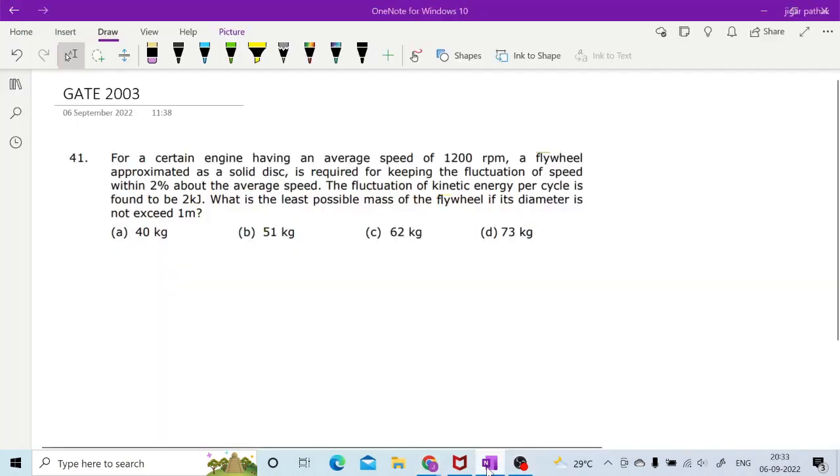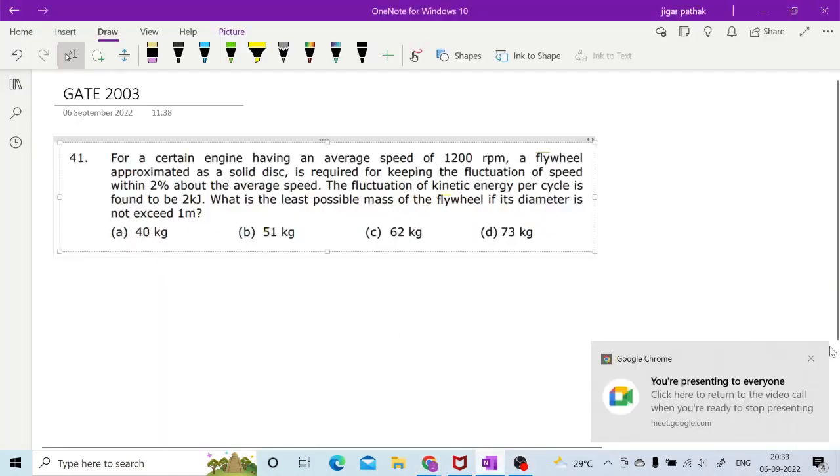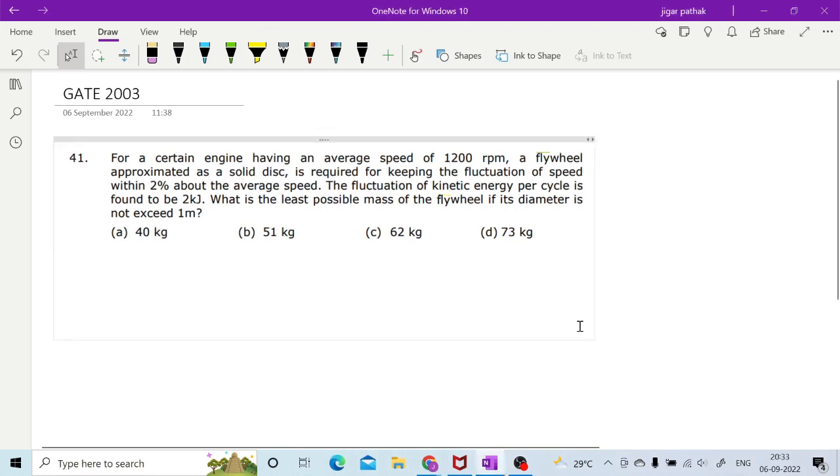Can you see the poll? Please answer this question. Be careful while interpreting this given data.